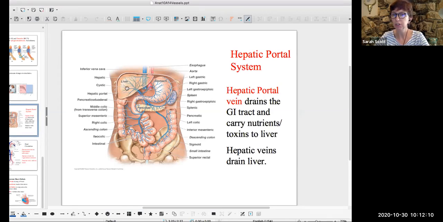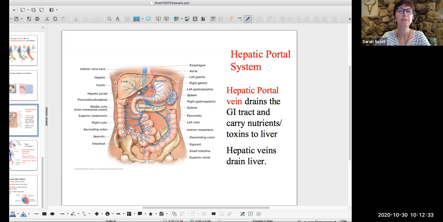So one of the big functions of the liver is to remove toxins and to break them down. So all of this deoxygenated blood that is rich in nutrients is going to travel to the liver. But we have to get those nutrients out of the blood and into the liver. And that requires a second capillary bed.